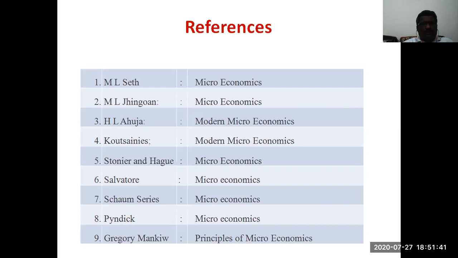In this reference book section: ML Seth Microeconomics, ML Jhingan Microeconomics, HL Ahuja Modern Microeconomics, Hirshleifer Modern Microeconomics, Stonier and Hague Microeconomics, Salvatore Microeconomics, Schaum Series Microeconomics, Pindyck Microeconomics, Gregory Mankiw Principles of Microeconomics are some of the reference books. There are a number of other reference books as well.